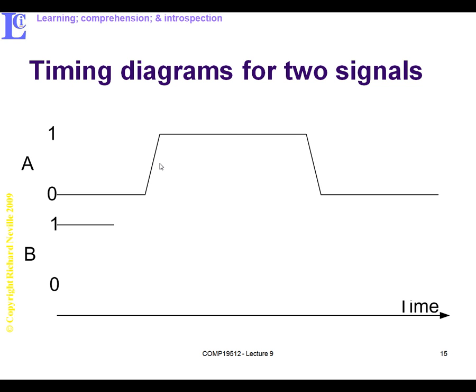The other line varies from high to low, and these two are the transitions from high to low. So over time we can see that these two lines vary, with a number of transitions where they change levels or voltages. They change logic levels from 0 to 1 over specific intervals of time.